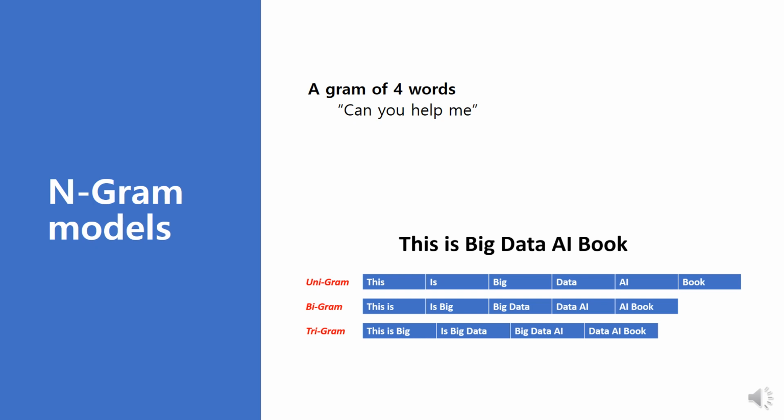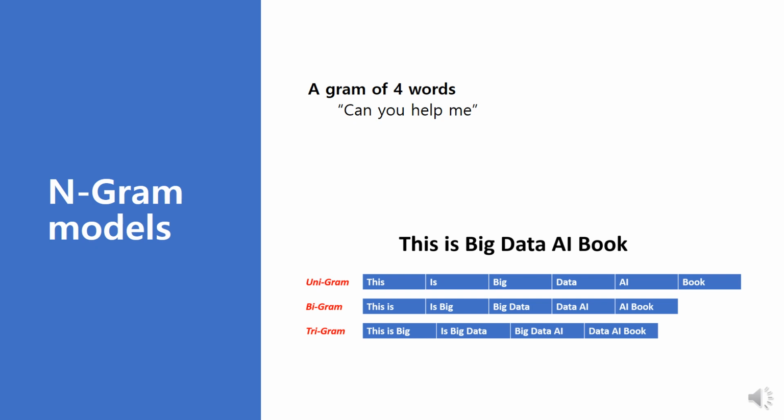It is one of the simplest approaches to language modeling. Here we create a probability distribution for a sequence of size n. For example, if n equals 4, we consider 4 words in a sequence in the context while training our model.